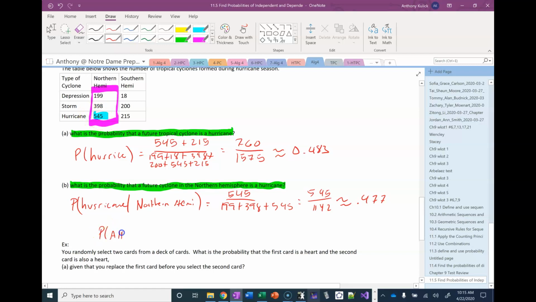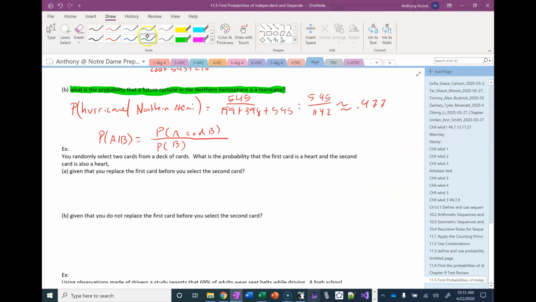So if we have probability of A given B, that's the probability of A and B divided by the probability of B. So here I have a probability of a hurricane. The tropical storm is a hurricane and it's in the northern hemisphere. That's the 545. And then the probability it's in the northern hemisphere is all of the northern hemisphere stuff. Okay.